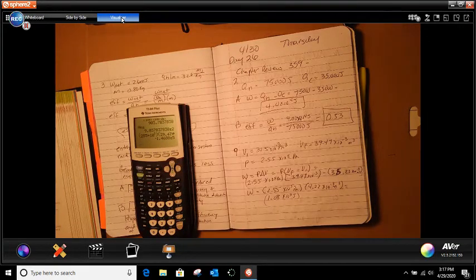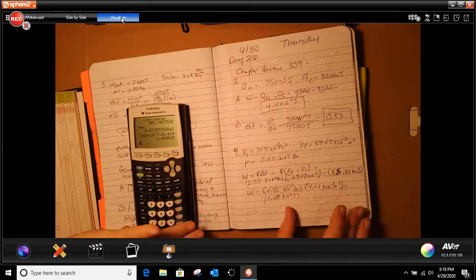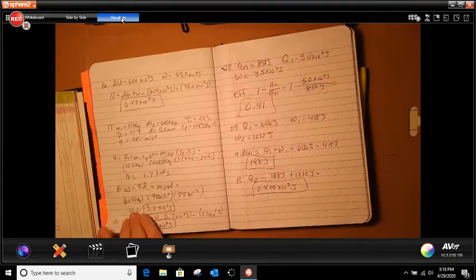And so the answer that we have is negative 1.4688 E5 for number 9.